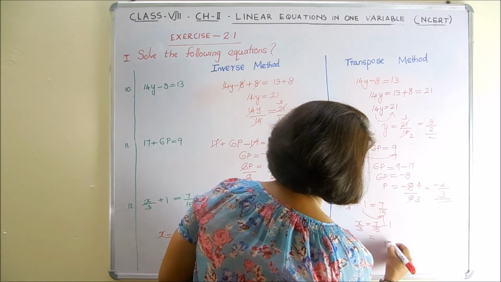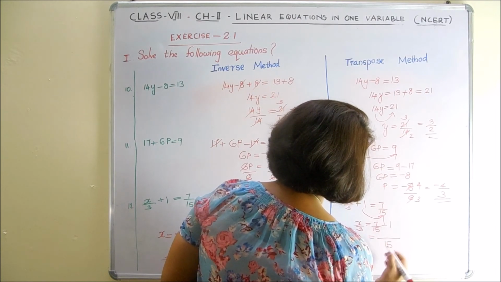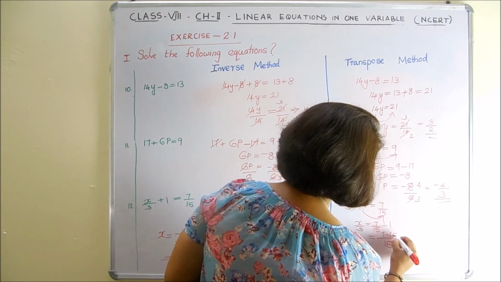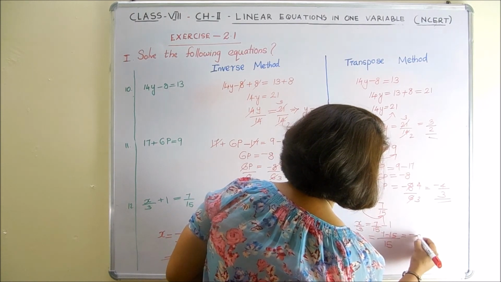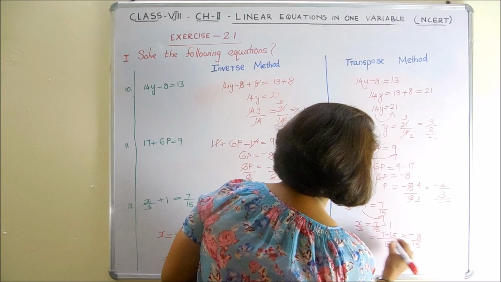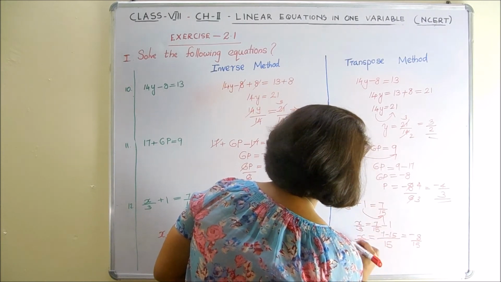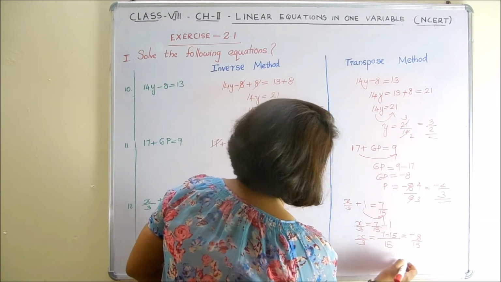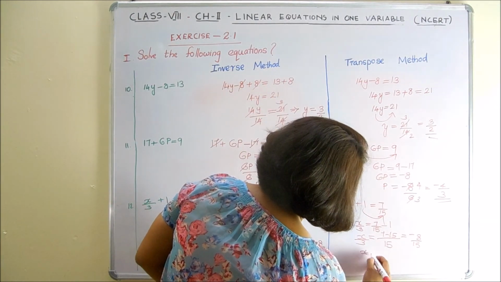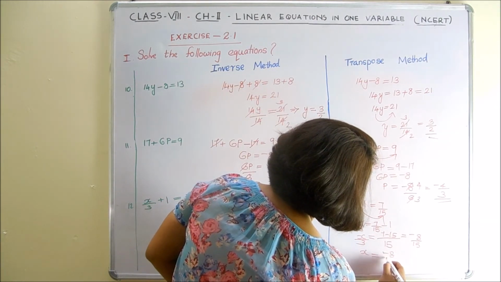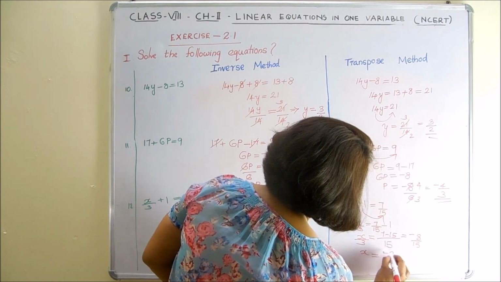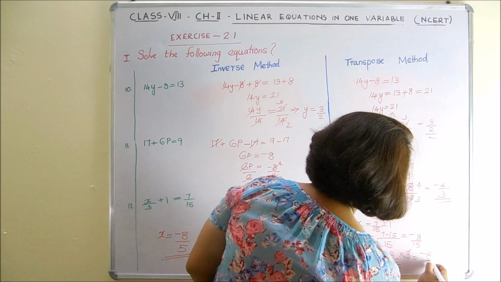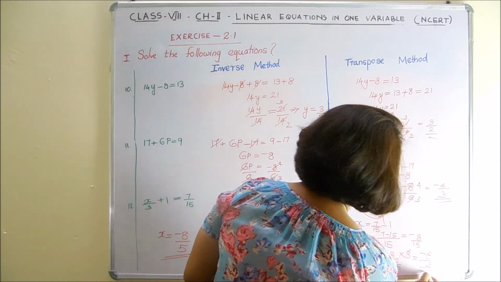Again, we can take LCM as 15, then it would become 7 minus 15, which is equal to minus 8 by 15, isn't it? Yes. And we can transpose this 3 into RHS by multiplying by 3. Here it becomes minus 8 by 5.